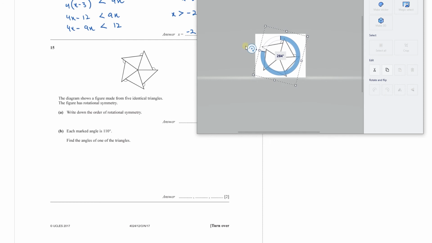And then again at this orientation, it also looks the same. So now 4, and then back to the full 360 degrees, and then it looks again the same. So 5. So once I rotated this diagram a full 360 degrees, there were 5 occasions where it looked exactly the same as the original diagram. So the order of rotational symmetry is 5.